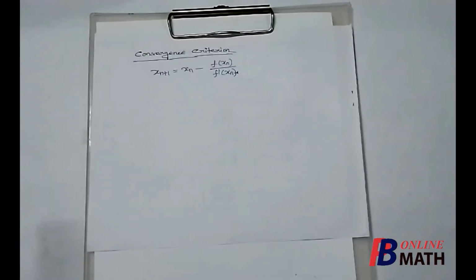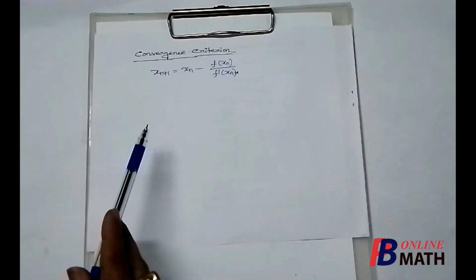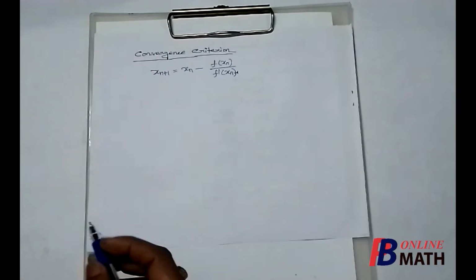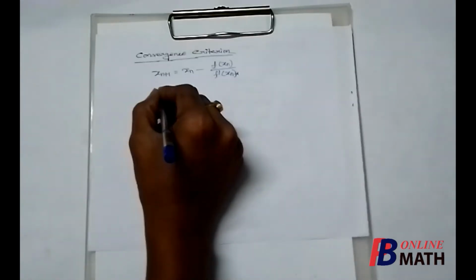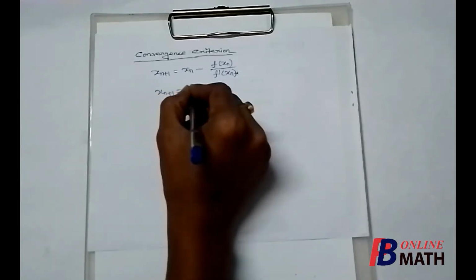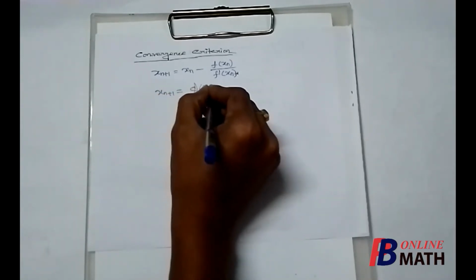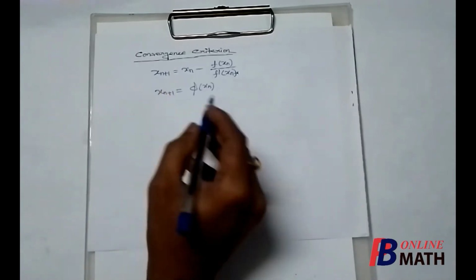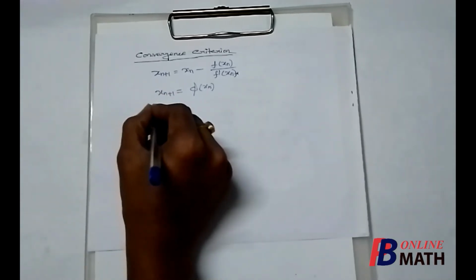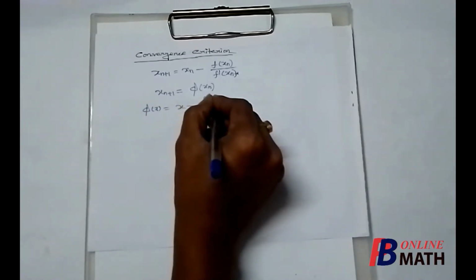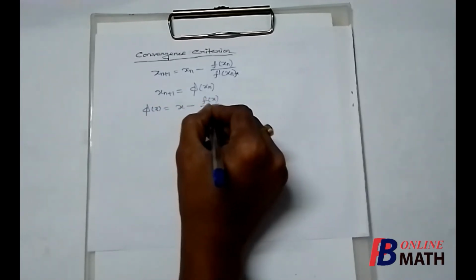If we compare this formula with the formula we obtained for the fixed point iteration method, where x(n+1) was equal to phi of xn, then we find that the function phi x is equal to x minus f(x) by f dash x.